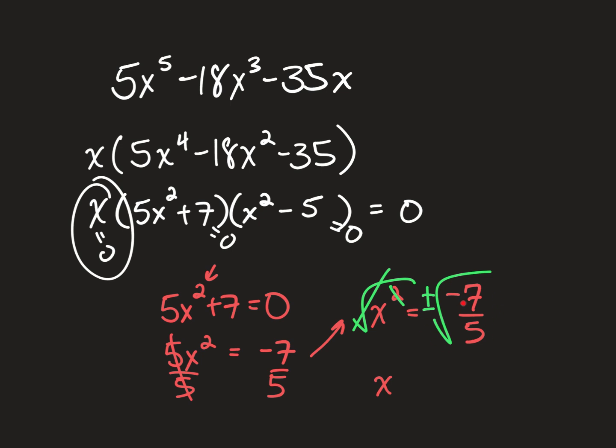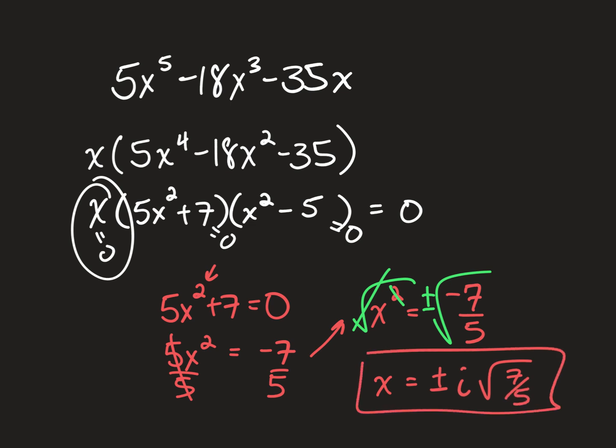You can't take the square root of 7 or 5, but the negative can come out as an i. So this would be plus or minus i root 7 over 5. And then you can do something similar for this other factor here and get x equals plus or minus radical 5.